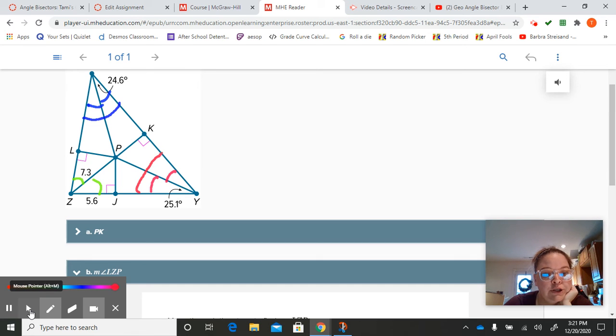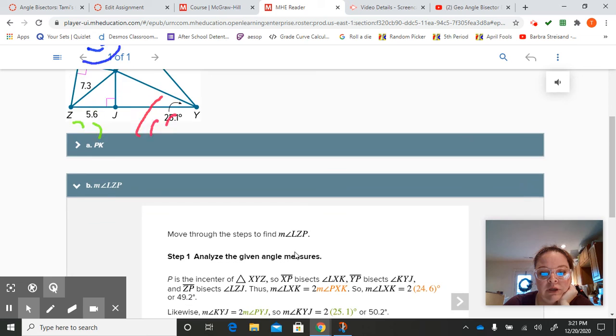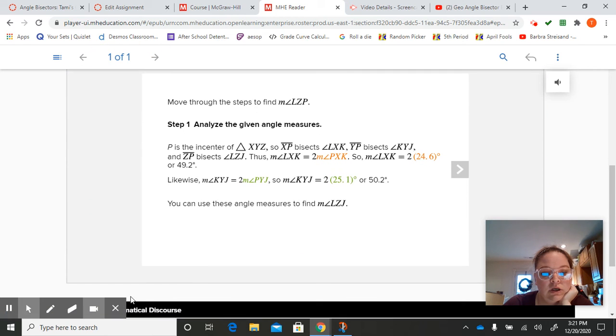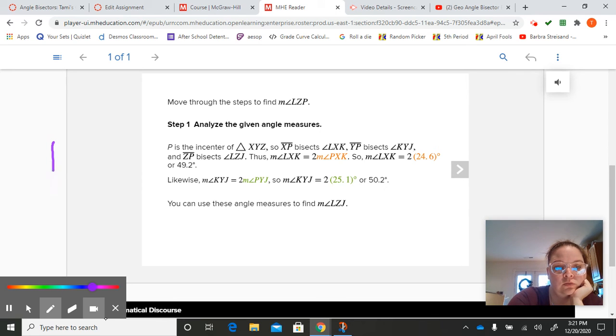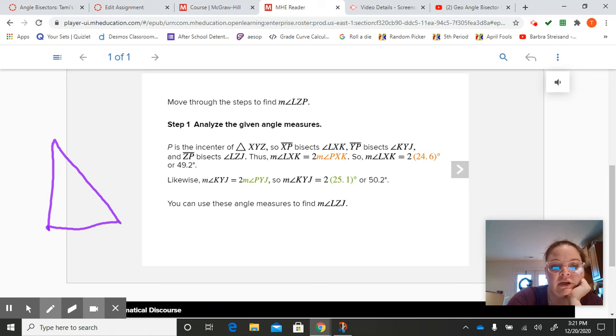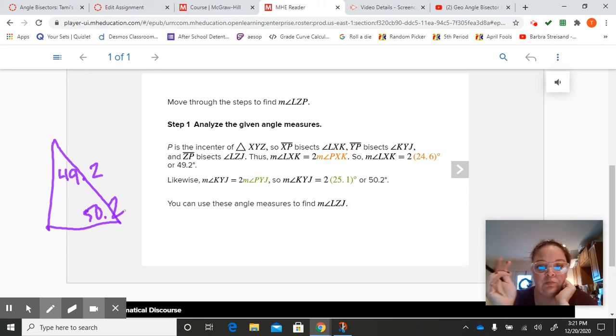And I'm going to scroll down here, and I'm going to redraw the triangle, not to scale or anything. So we know this one is 49.2, and we know this one is 50.2.